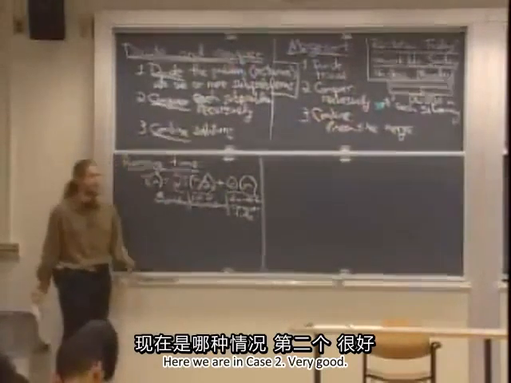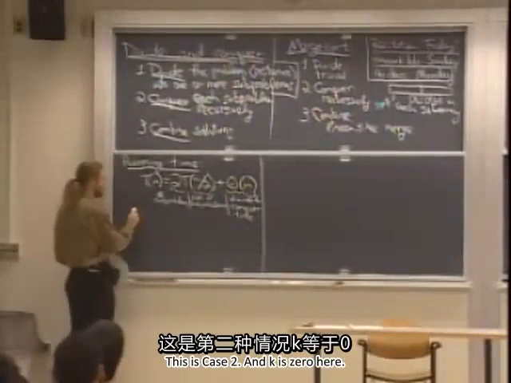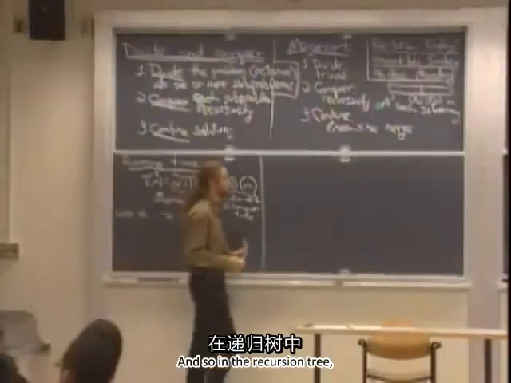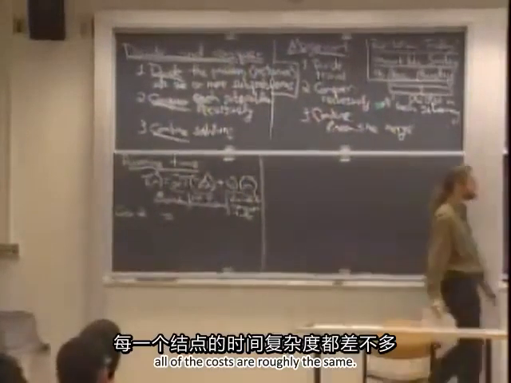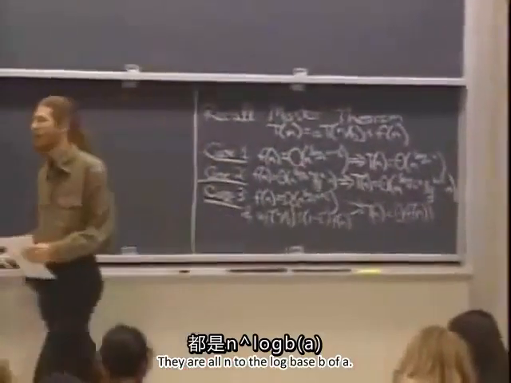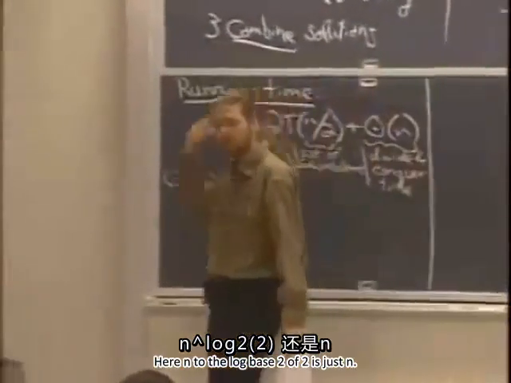Here, we are in case 2. Very good. This is case 2. And k is 0 here. And so in the recursion tree, all of the costs are roughly the same. They're all n to the log base b of a. Here, n to the log base 2 of 2 is just n.